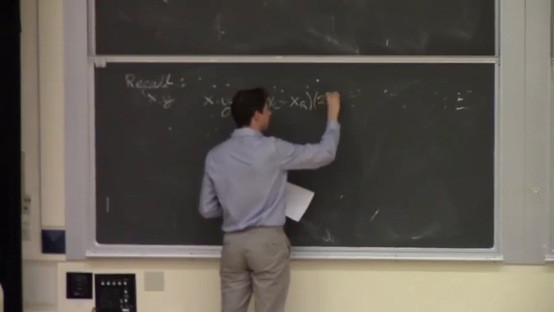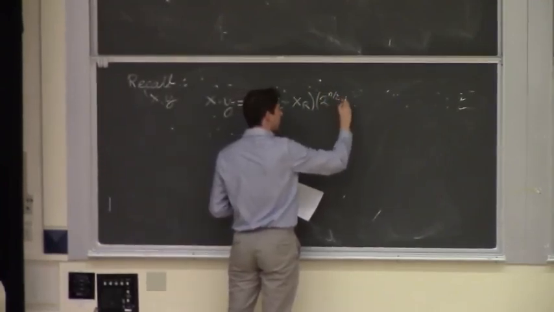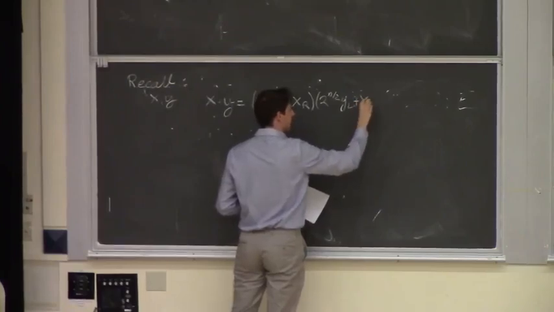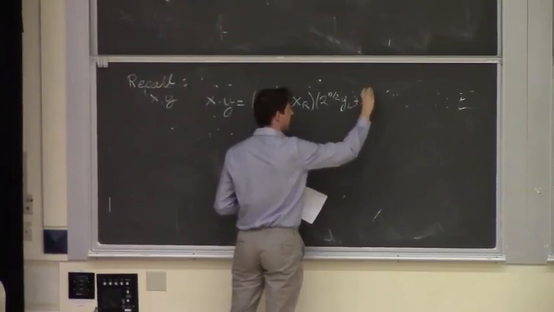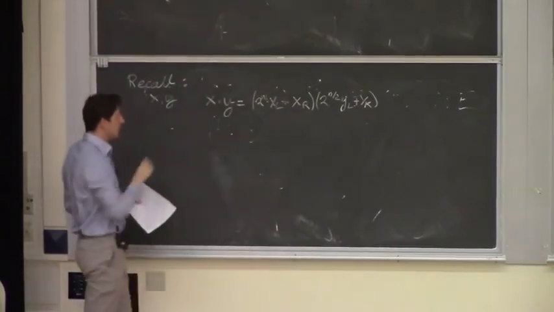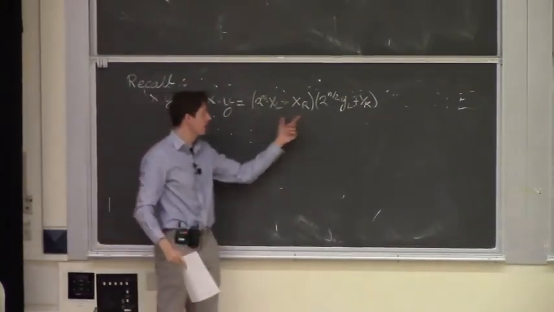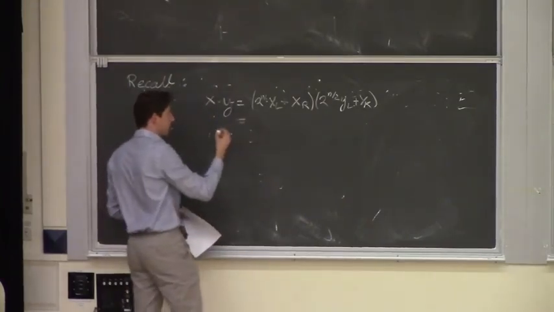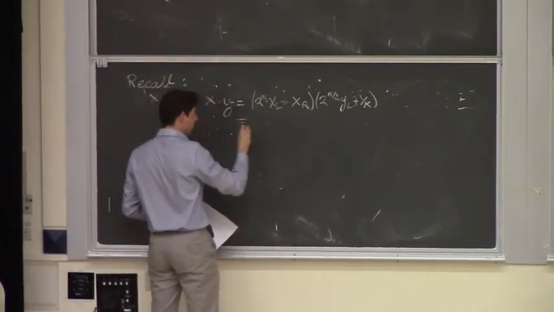And take the high order bits of y, add to that the lower order bits of y. I'm just rewriting the same expression. This is just x, and this is y, okay? And if you open it up, it looks like a recursive algorithm.